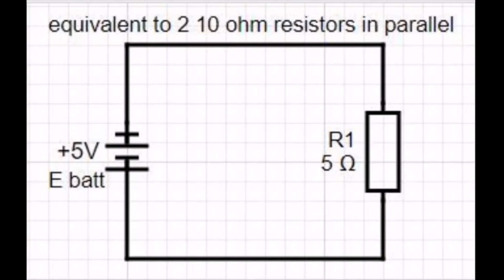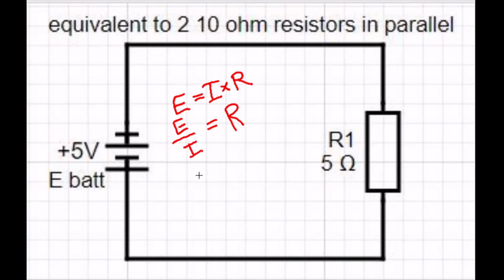Now you notice it's a series circuit, but the math should still be the same, especially if we use E equals I times R. And we're going to check for resistance. So that's going to be R equals E divided by I.